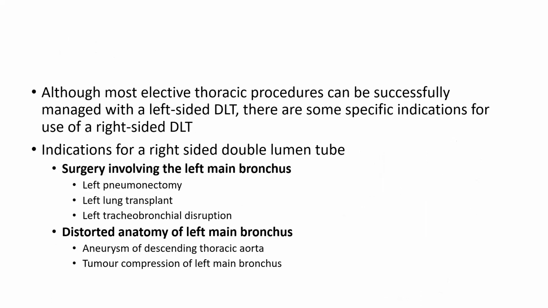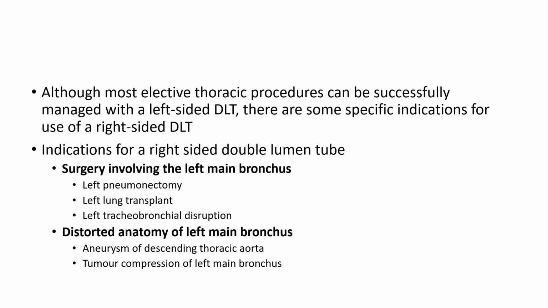Although most surgical procedures can be managed with a left-sided double lumen tube, there are some specific indications in which clinicians should try to avoid a left double lumen tube and use the right double lumen tube instead. A few indications for a right double lumen tube include surgery involving the left main bronchus, like left pneumonectomy, left lung transplant, and patients with a left tracheobronchial disruption.